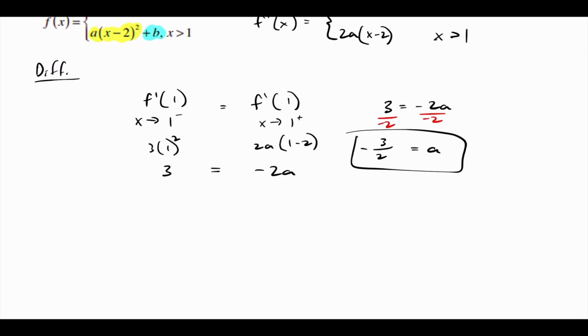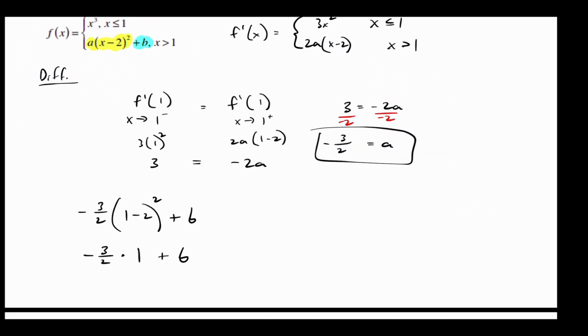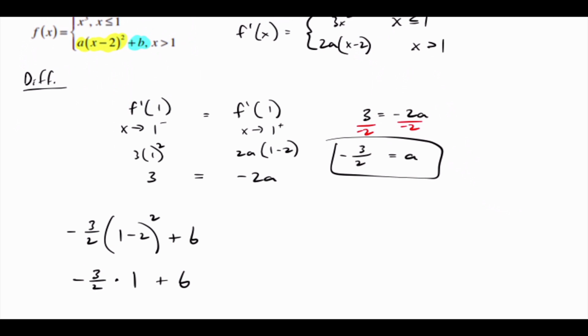Then solve for b. So it would be negative 3 over 2, parentheses 1 minus 2 squared plus b. So I get negative 3 over 2 times 1 plus b, because 1 minus 2 is negative 1, squared is positive 1. Wait, we need an equals though, don't we?